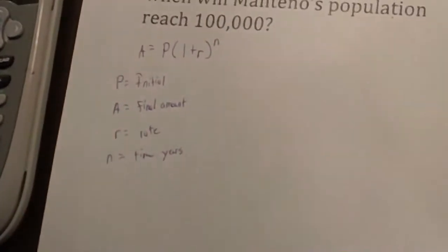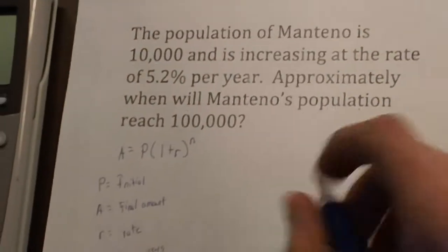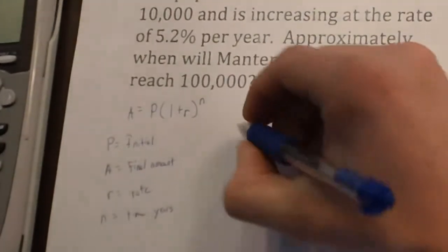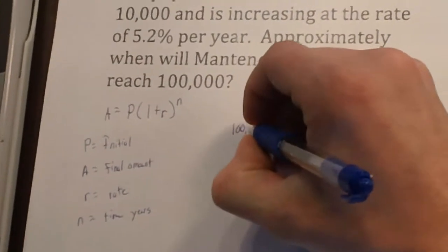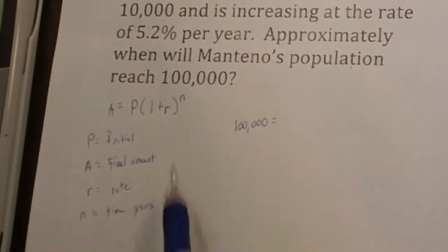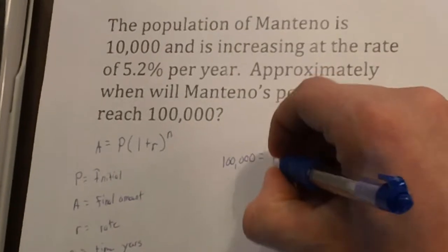So, using this equation and the data given to us in the problem, we can start plugging in some values. We know that the final amount that we want is 100,000 people, so we can write that in right away. And we know that the initial amount is 10,000 people.